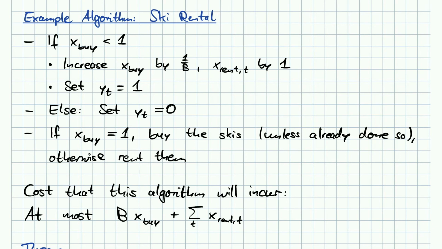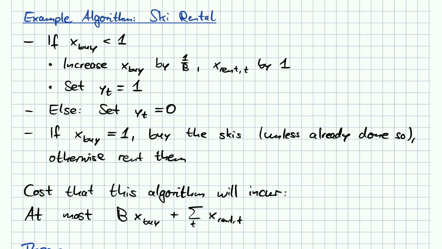We will see that here these yt, only the first b of them will be 1, afterwards they will be 0. Which means they sum up to b, and also each and every one of them is no bigger than 1.